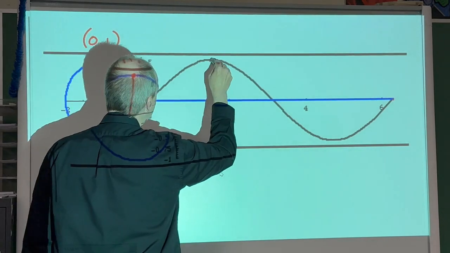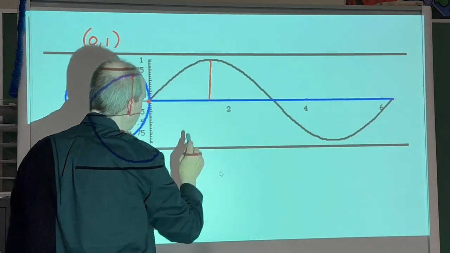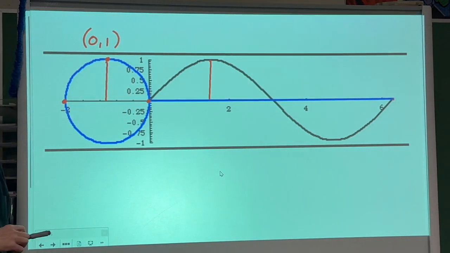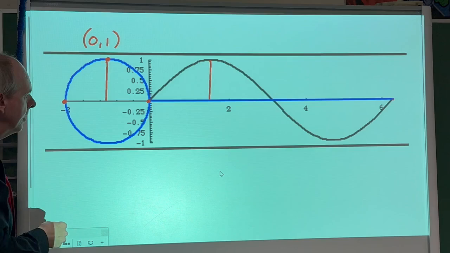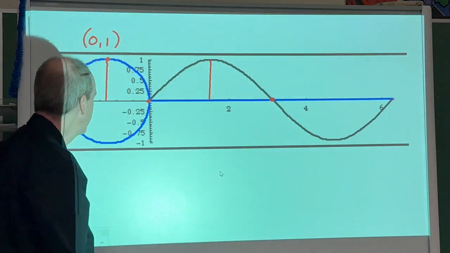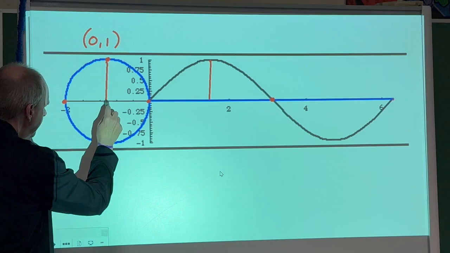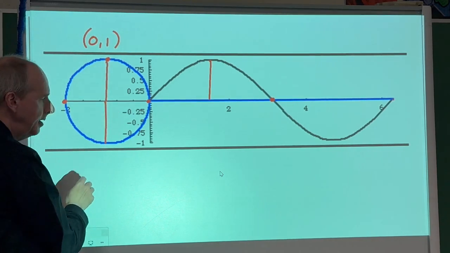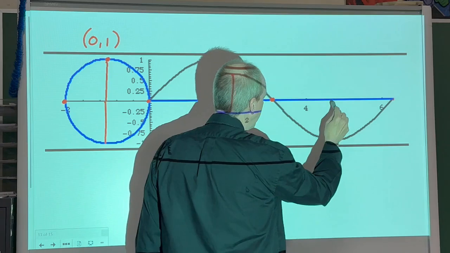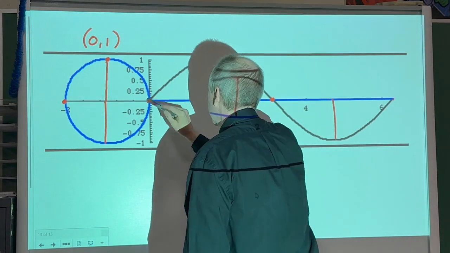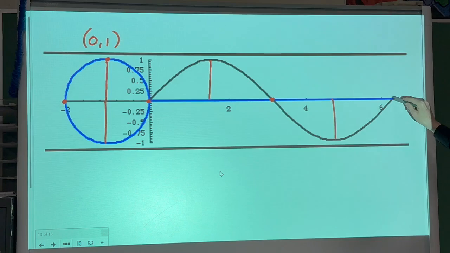At 180 or pi, 3.14, you're back to 0. That would be here. At 3 pi over 2, you're down at negative 1. Well, that would be here. And then back to 360 or 2 pi. 2 pi is 6.28. There you are.